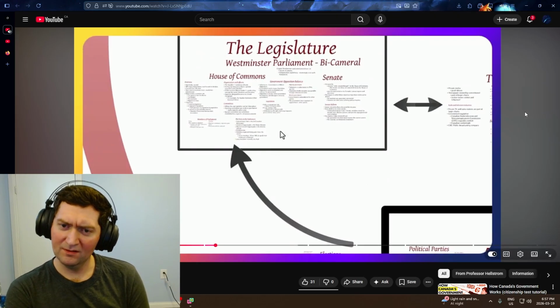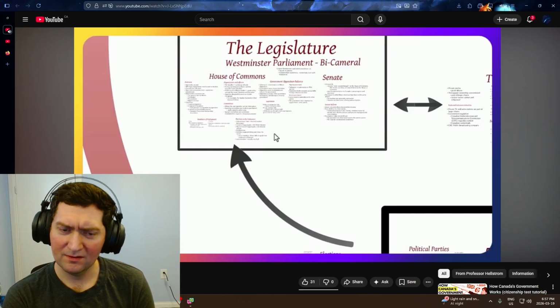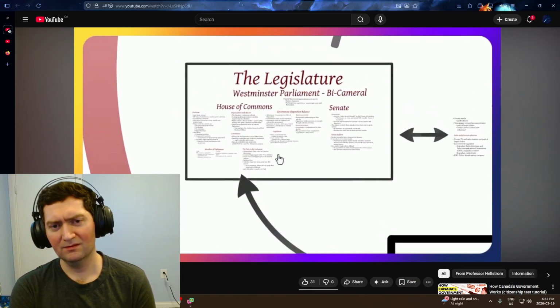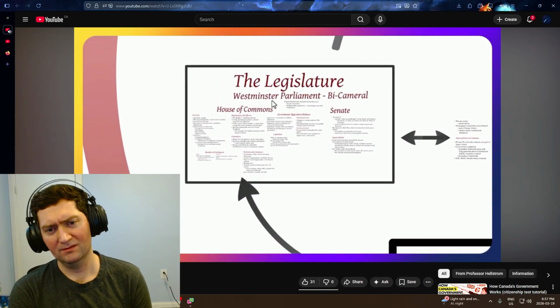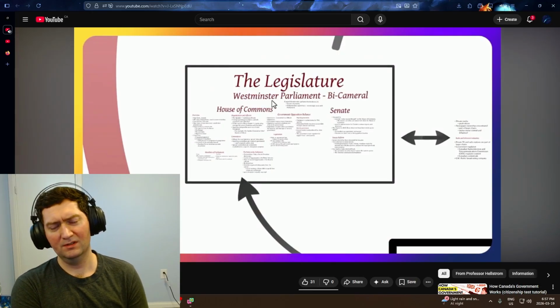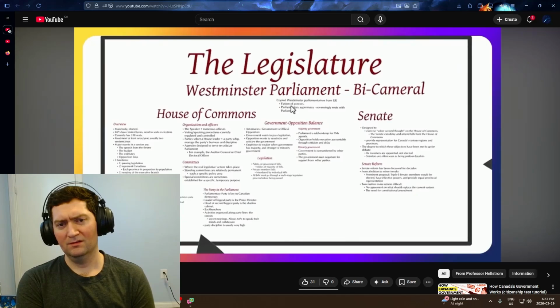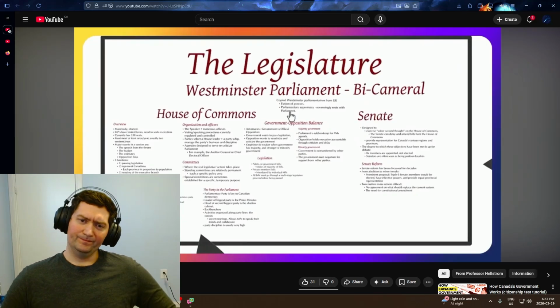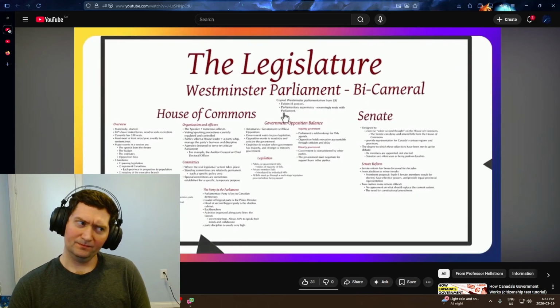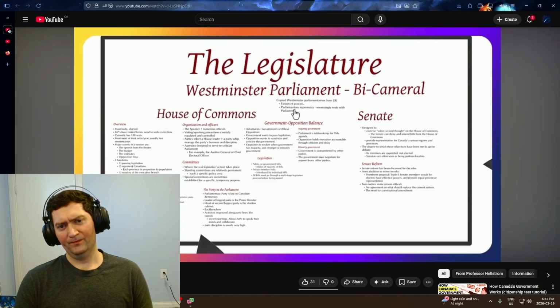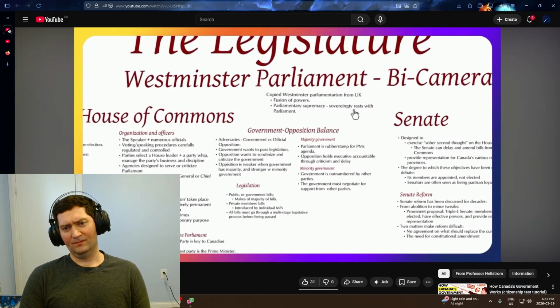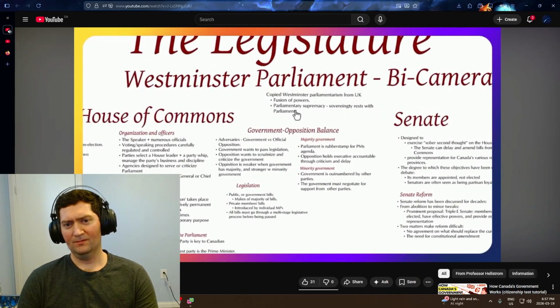Also important to note, this parliamentary system is founded on the Westminster system, the Westminster model of parliamentarism. So we're talking about a fusion of powers between the legislature and the executive. And we're talking about legislative sovereignty, also known as parliamentary supremacy. So the sovereignty of the Canadian federal state lies formally within Parliament.